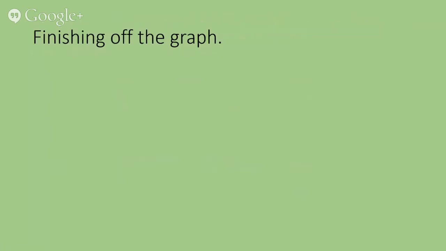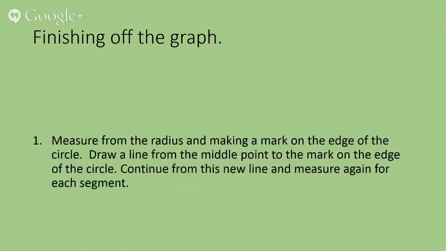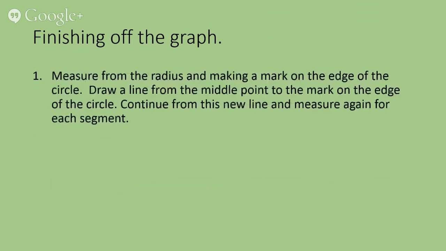You then have to finish off your graph by doing that for all the other segments as well. As you make another segment, you move the protractor and record the size of that slice, and then measure a new segment.